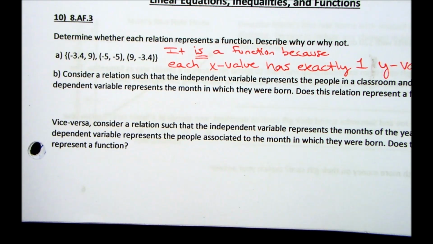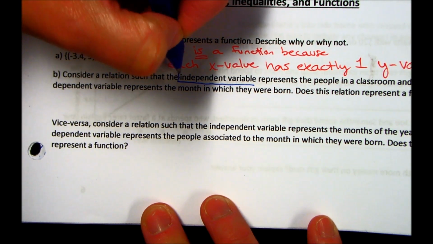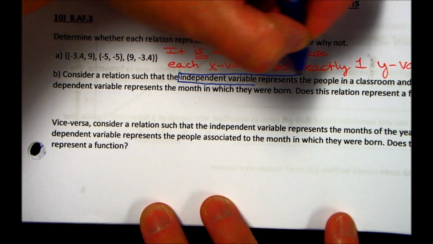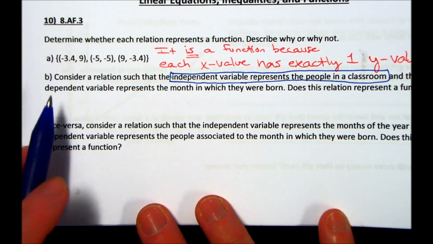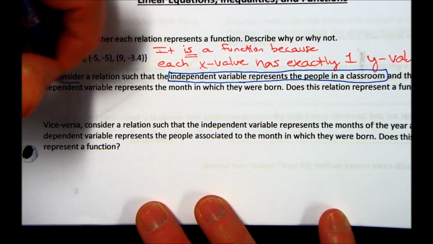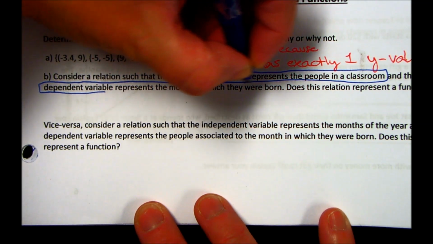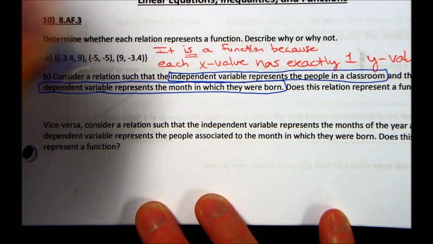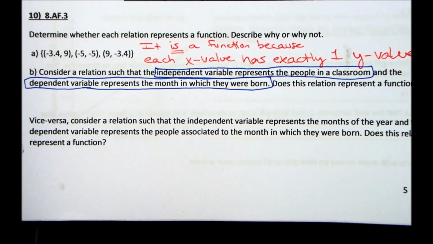So in the next problem it says consider a relation such that the independent variable represents the people in a classroom. So our independent variable is usually our x value. So that represents the people in the classroom. And the dependent variable, which is usually your y coordinates, represents the month in which they were born. So does this relation represent a function? So this goes hand in hand with the analogy with the students and everybody getting one piece of candy.